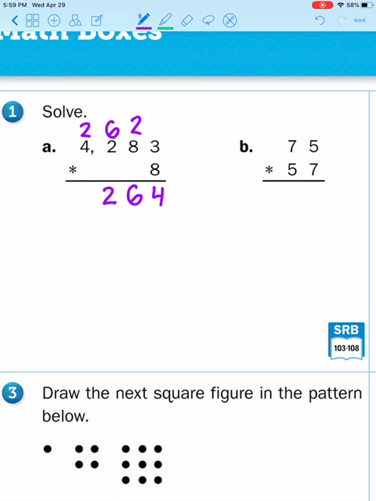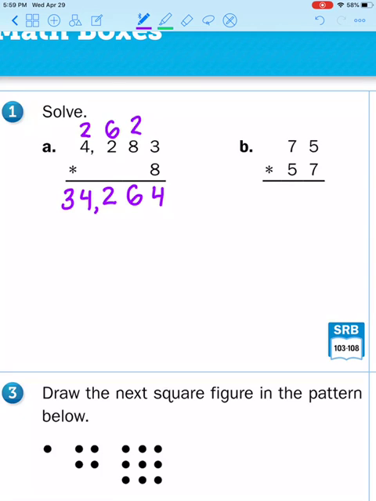And 8 times 4, which is 32, plus 2 is 34. So your answer is 34,264.